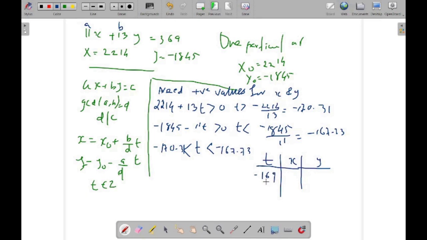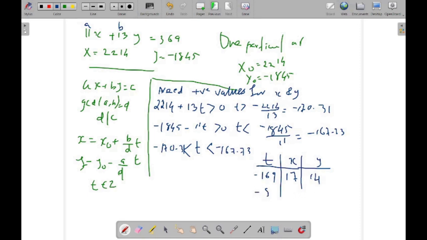This t value is greater than minus 170.31 and less than minus 167.73, so you will be getting x equal to 17 and y equal to 14.